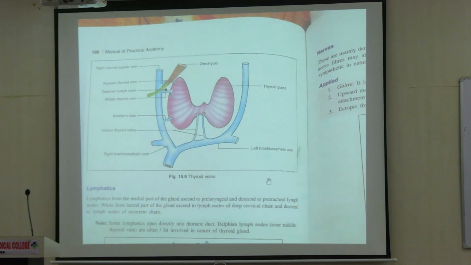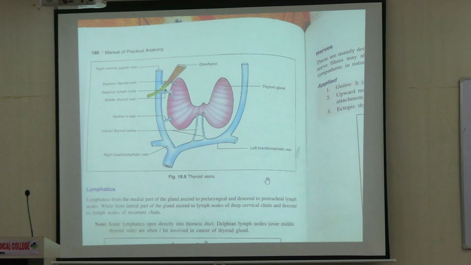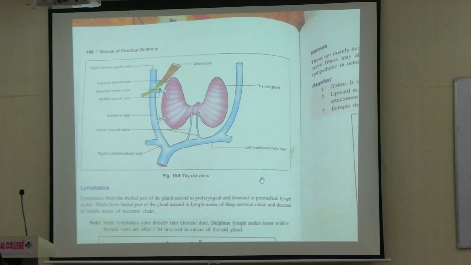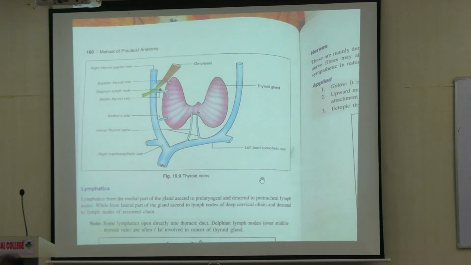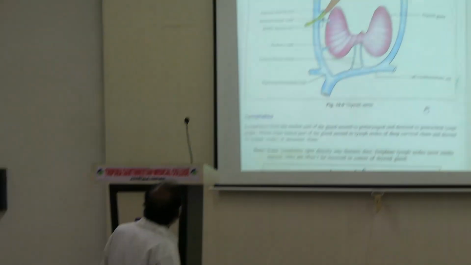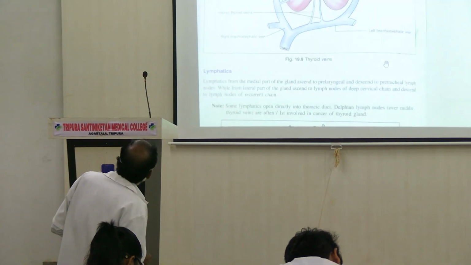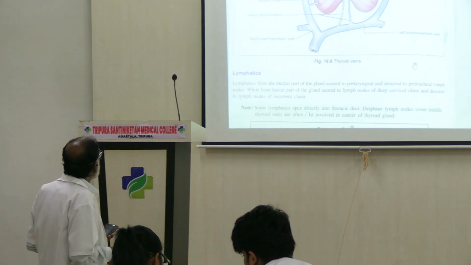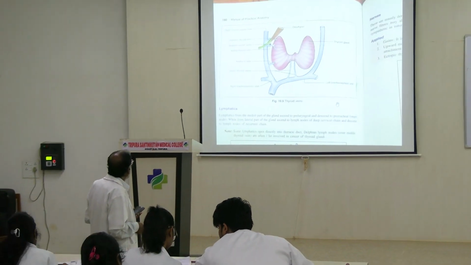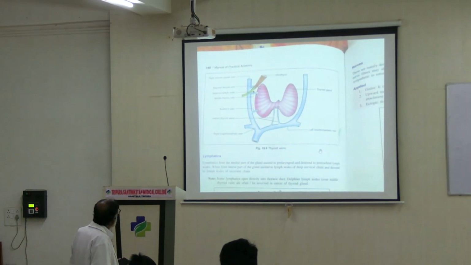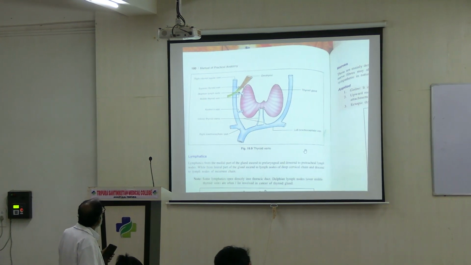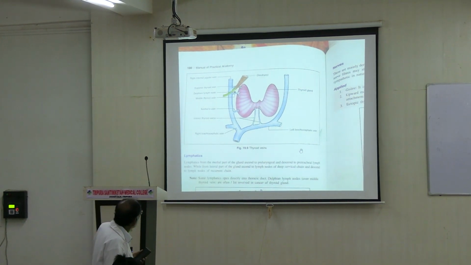Here you see the superior thyroid vein, draining into the internal jugular vein. Then next, the middle thyroid vein, also draining into the internal jugular vein.